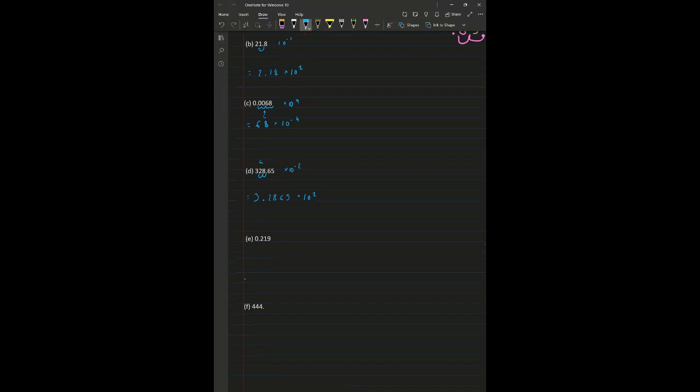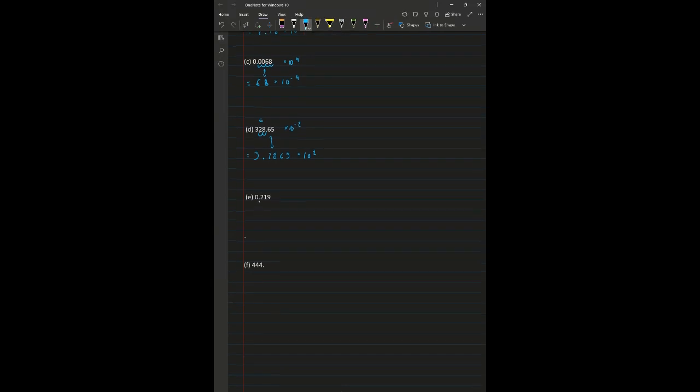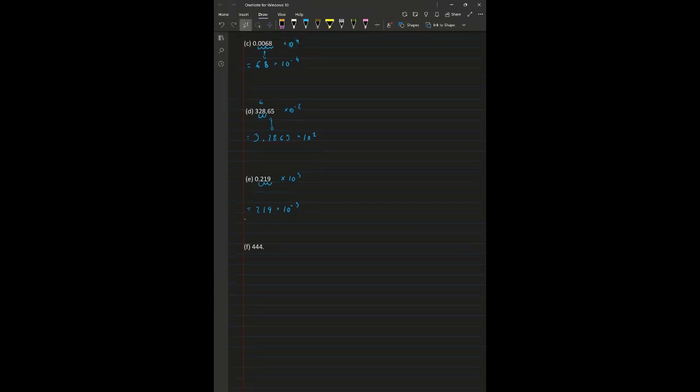Again, you can check at home that these two numbers are equal. In this case, let's move this point 3 places to the right, so that means this is a 10 to the positive 3 shift. So to keep the equality, I will do 219 times 10 to the negative 3.